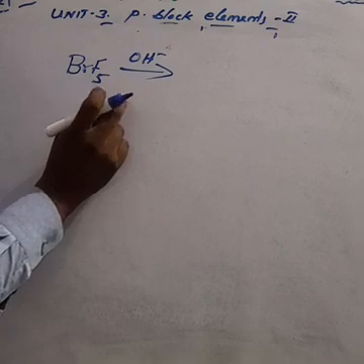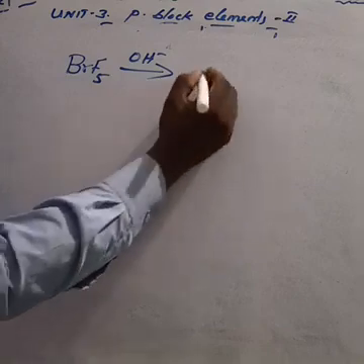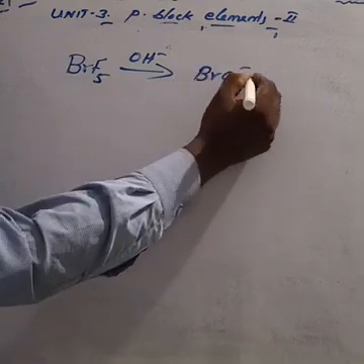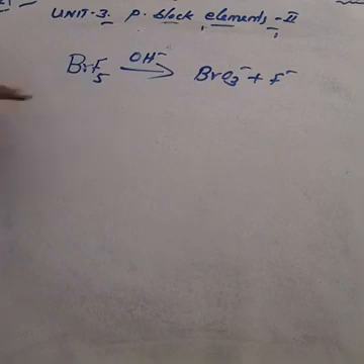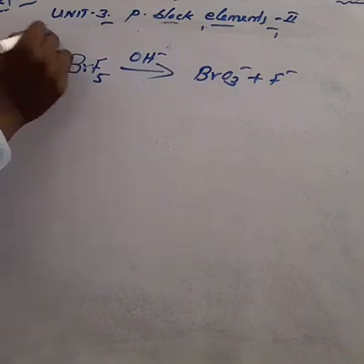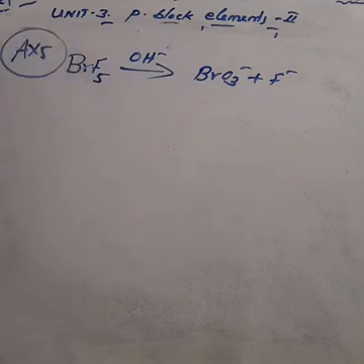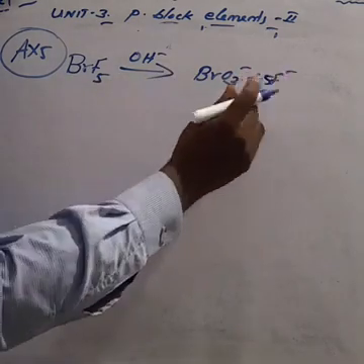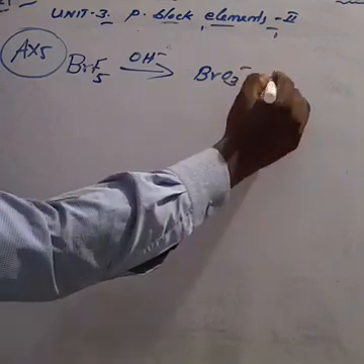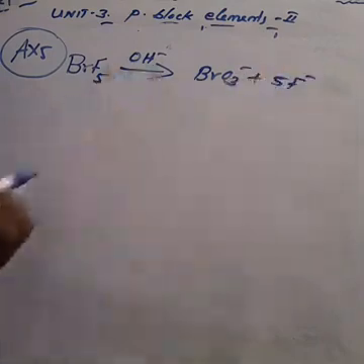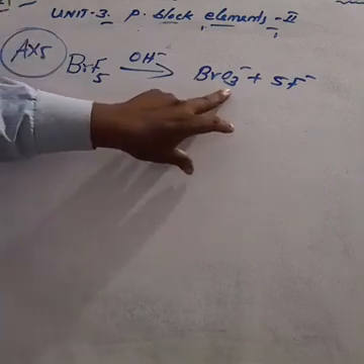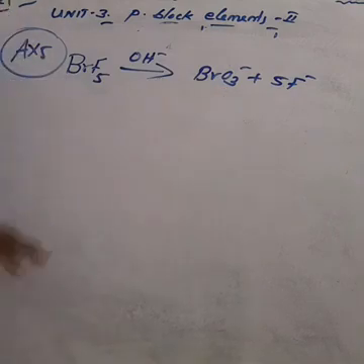BrF5. Can you say which type this is? AX5 type, that is AB5 type. BrF5 gives 5F minus plus BrO3 minus, bromate ion. Here, bromine is the larger halogen.